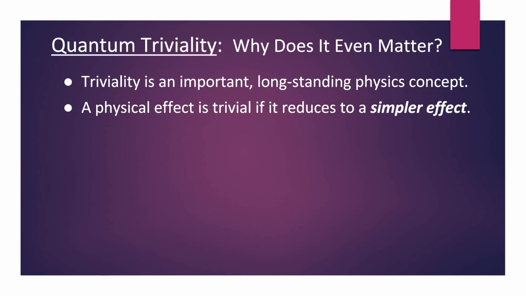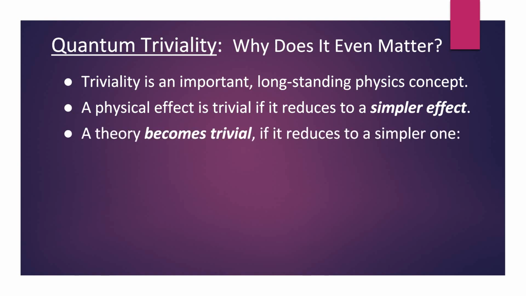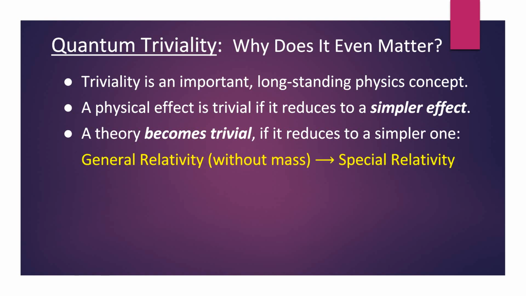And generally, an effect is trivial if we have a complicated effect that, under some conditions, reduces to a simpler effect. A theory becomes trivial if it reduces to a simpler one, for example, general relativity. Einstein's general theory of relativity, if we remove all the mass, becomes equivalent to special relativity, a simpler theory.